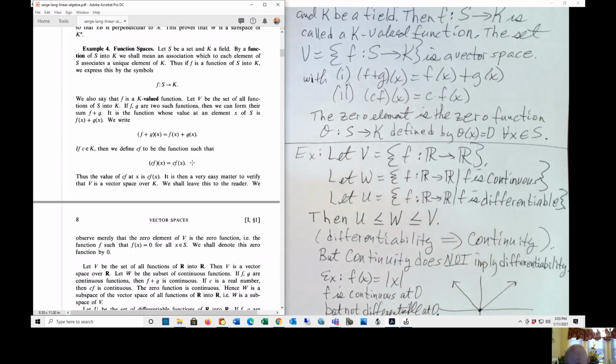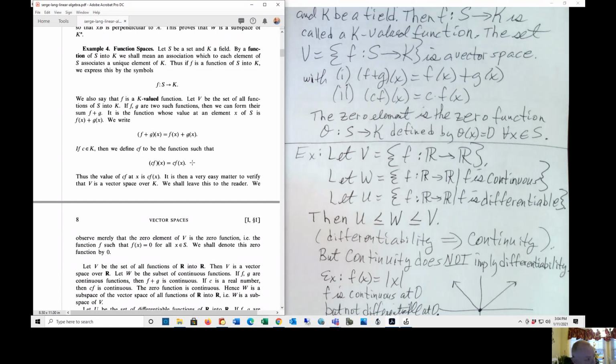Now, start by letting S be a set, any set, not necessarily a field or a vector space, but just a set. And then, of course, let K be a field. Now, by a function of S into K, we simply mean an association which, to every element in S, associates a unique element in K.